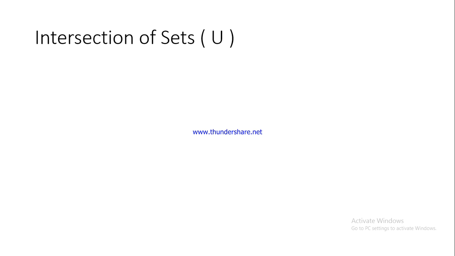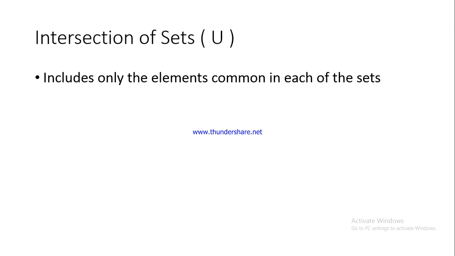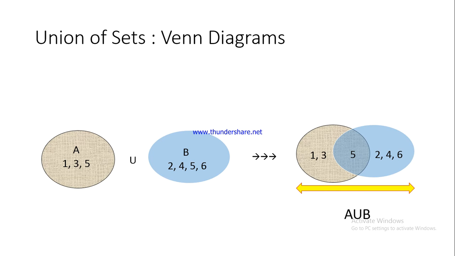Now let us talk about intersection. What do we mean by intersection? So what is intersection? Intersection basically is the overlap. Just now we were talking about the overlap. You remember here 5 was the element which was common in both the sets.